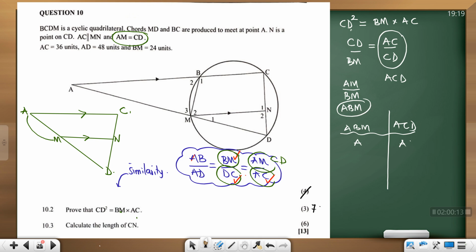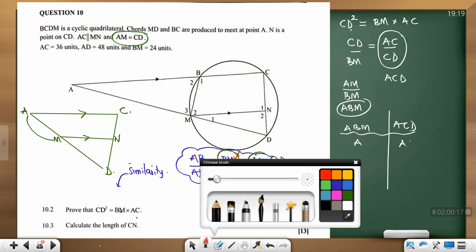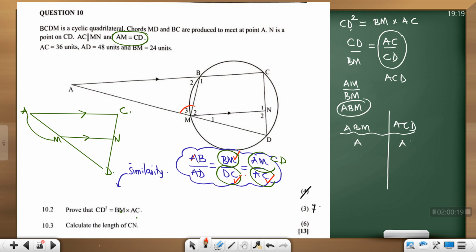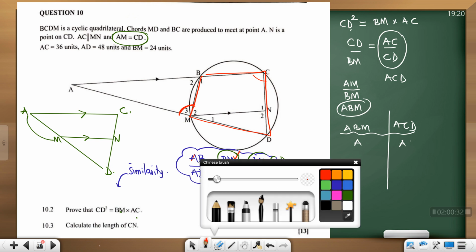I said ABM. Let's check something. What is angle M equal to? I want to work in another way. Angle C. Do you notice that exterior? You see that, right?